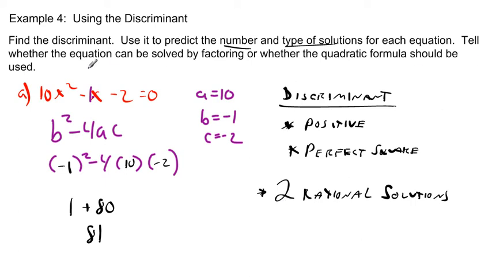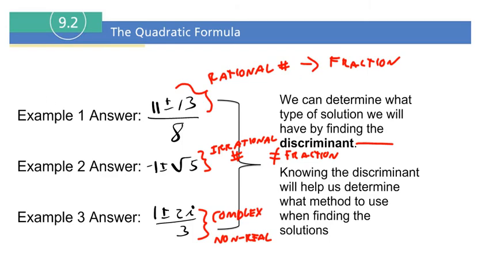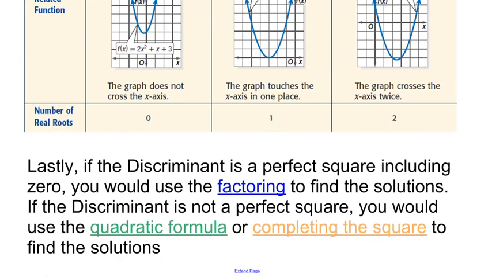And it says tell whether the equation can be solved by factoring or whether the quadratic formula should be used. Okay, so remember how we talked about we're going to use the quadratic formula or completing the square if this is not a perfect square. And let me just go back to that statement again. I wrote it down way down over here. I said if the discriminant is a perfect square, including 0, because 0 is a perfect square too, right? 0 times 0, then you would use the factoring method.